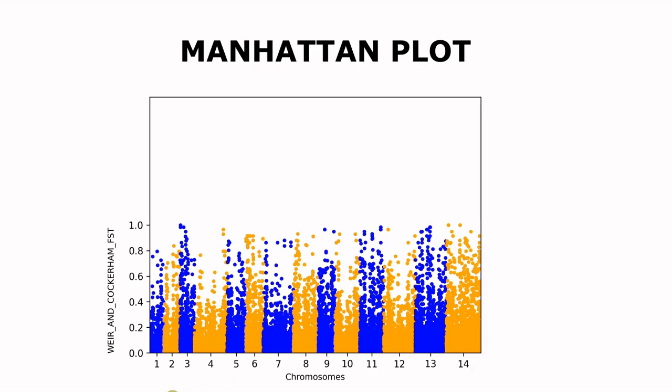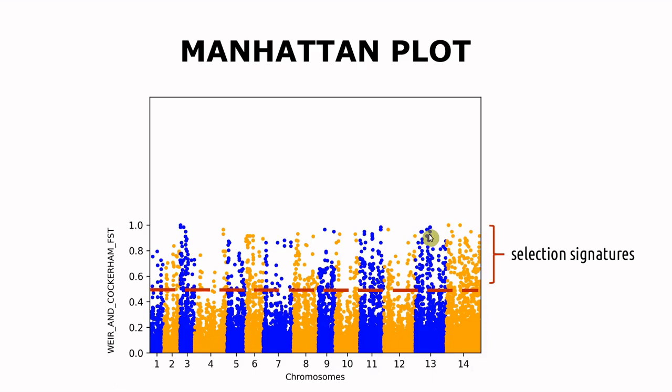Now for the Manhattan plot that has been generated for FST values, you can also set a threshold for the FST values. For example, if you set a threshold of 0.5 here, then what this means is that SNPs that are above this particular threshold line can be considered as selection signatures.